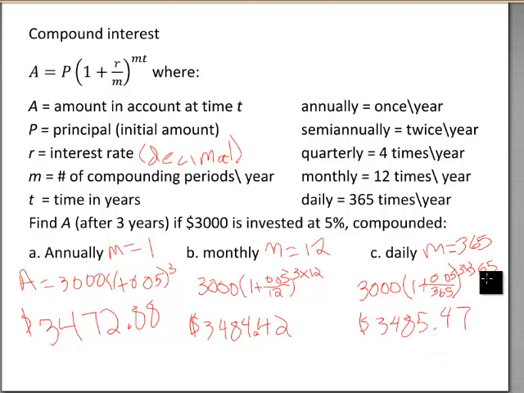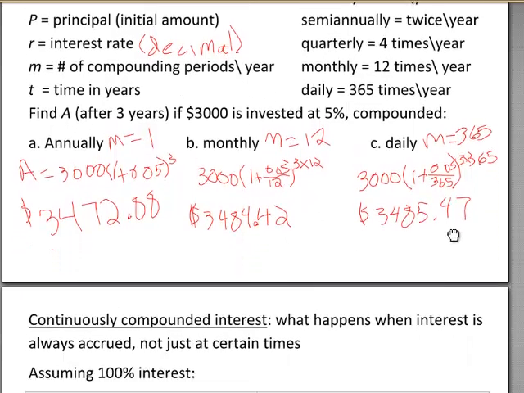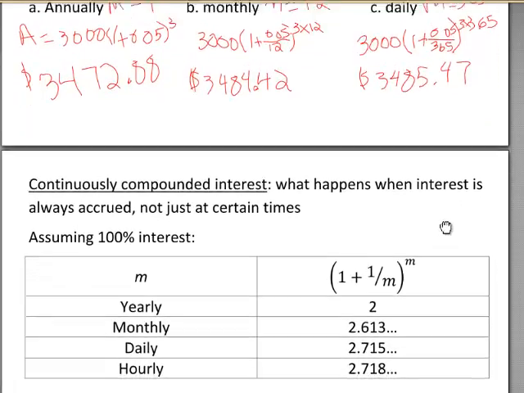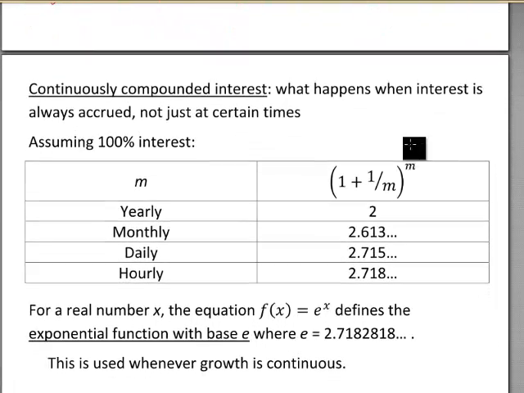It turns out that there's a limiting value, so you can increase the number of compounding periods a lot, say every minute and every second, but we're only going to get so much more money. Eventually that advantage goes away. Going from annually to monthly, we got $12 extra, but we only got about an extra $1 going from monthly to daily. This leads us into the idea of continuously compounded interest.